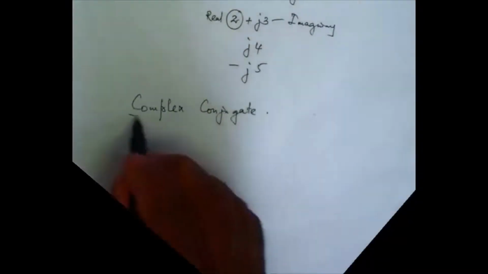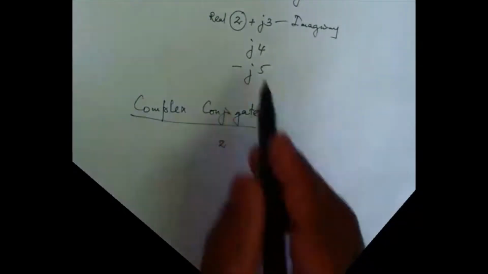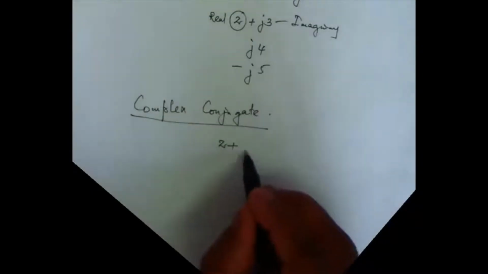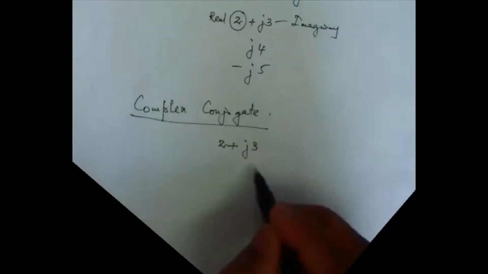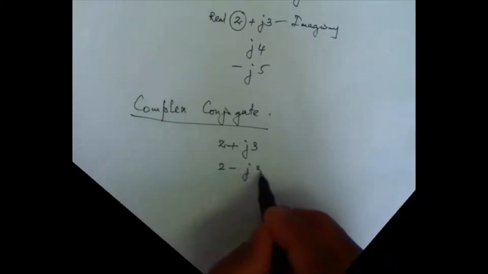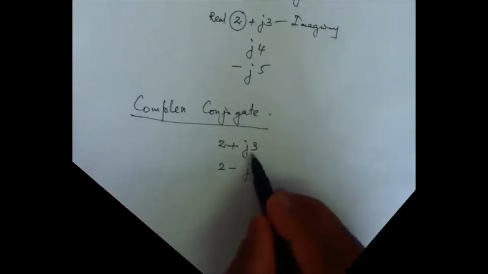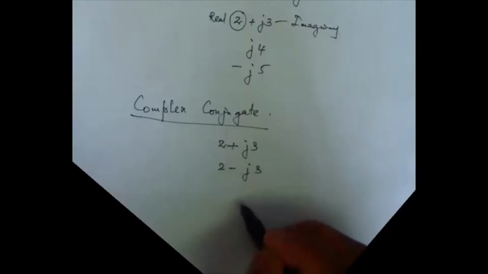Now, if we have a complex number, for example, like the one shown above, 2 plus j3, the conjugate of this number is 2 minus j3. So we simply change the sign of the imaginary part.